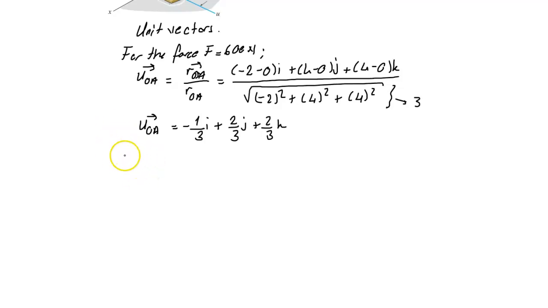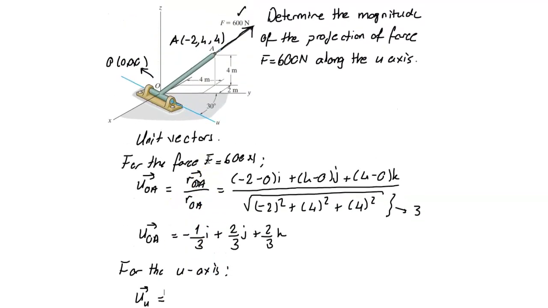So for the u-axis, we have a unit vector Uu, and its I, J, K components can be written by using the angles.